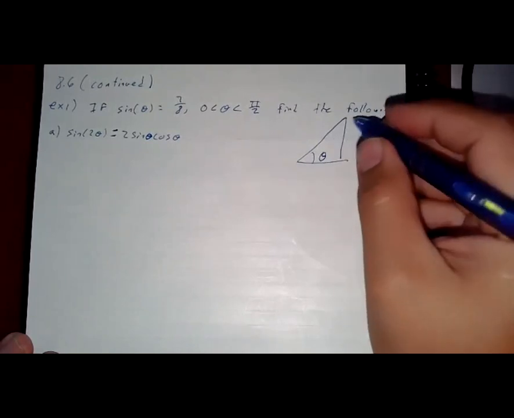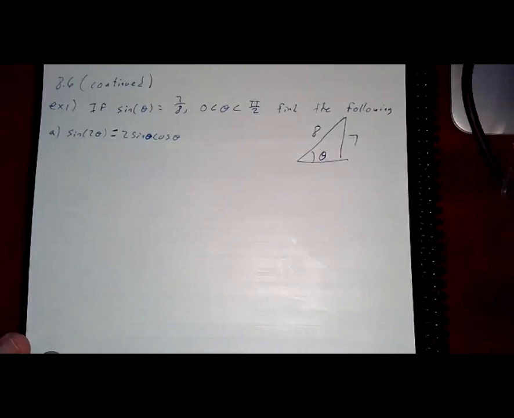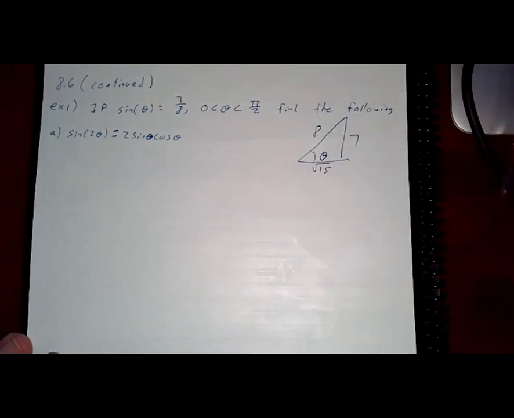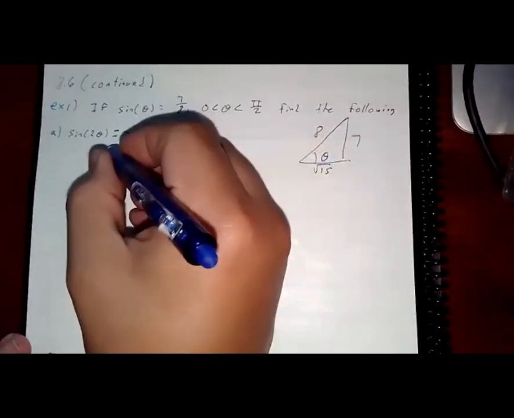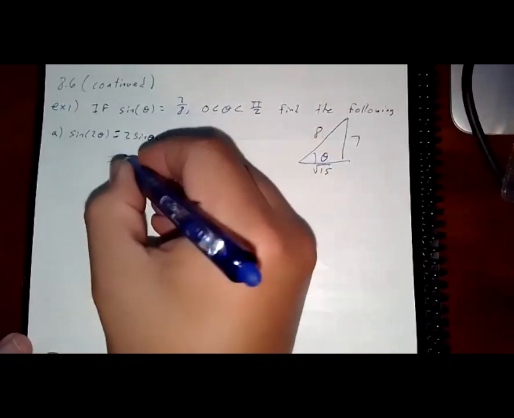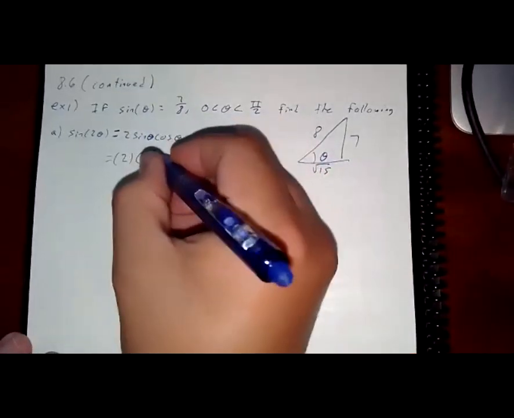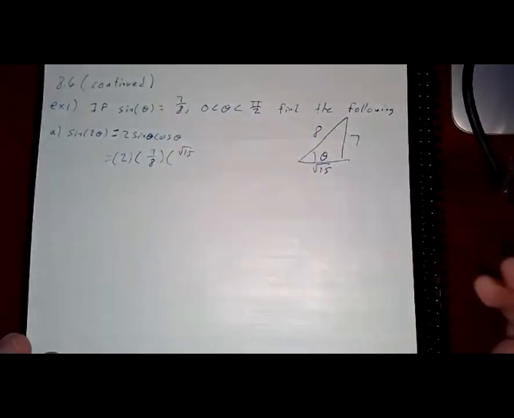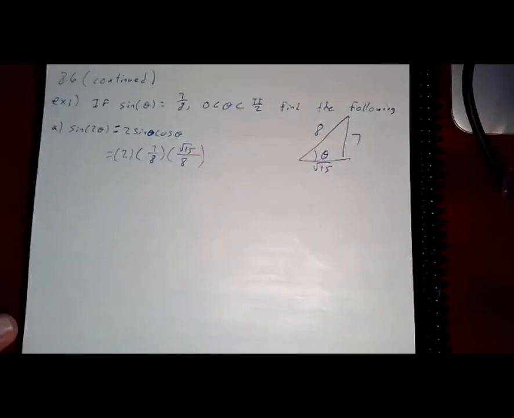Theta. Sine is equal to 7 over 8. Do our Pythagorean, this would be root 15. So we can fill in the blanks. This would be 2 times sine. Sine will be opposite over hypotenuse, cosine adjacent over hypotenuse. Okay.